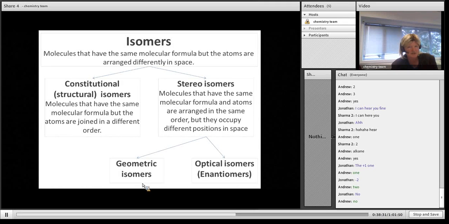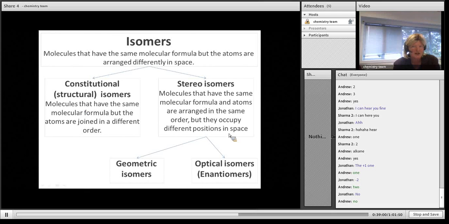A constitutional isomer, also known as structural, is when the atoms are joined in a different order. So they're connected differently. They have a different connectivity. We might bond 2 carbon atoms and then an oxygen atom, whereas in its isomer we might have bonded 1 carbon atom, then the oxygen before we do the second carbon. So they're just joined in a different order.